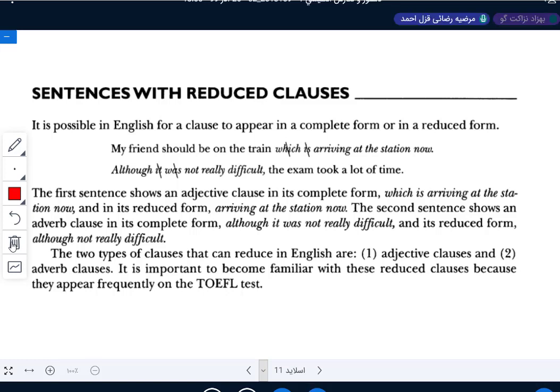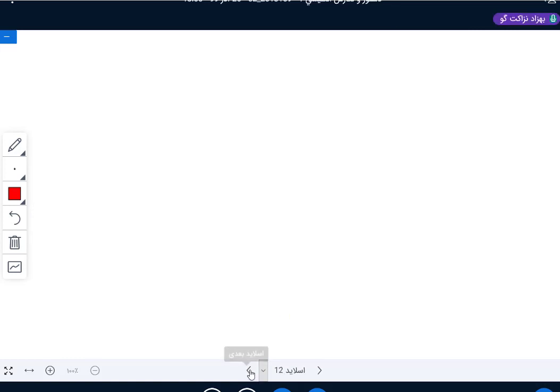The two types of clauses that can reduce in English are one, adjective clauses, and two, adverb clauses. It is important to become familiar with these reduced clauses because they appear frequently on the TOEFL test. They appear frequently in the writings of scholars. So it is very important to know how to reduce them.